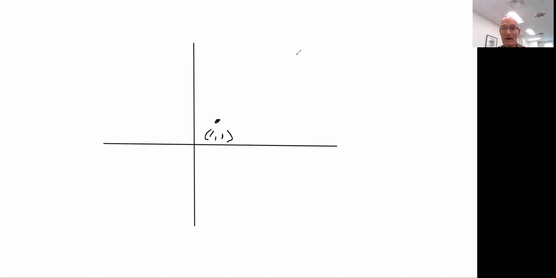And we have a second point up here, let's say, which is 6 and 5. Now I'm looking at the length of the line that goes from here to here.